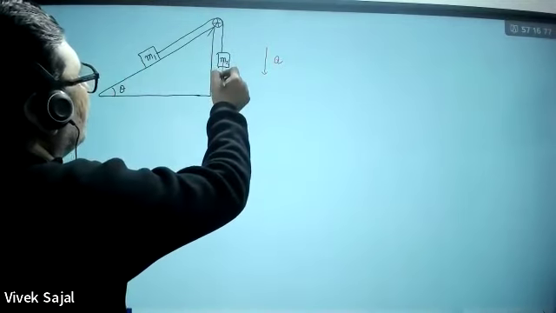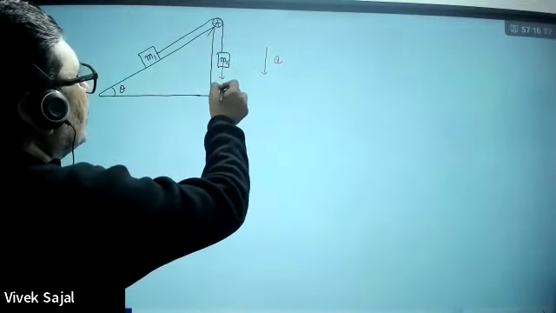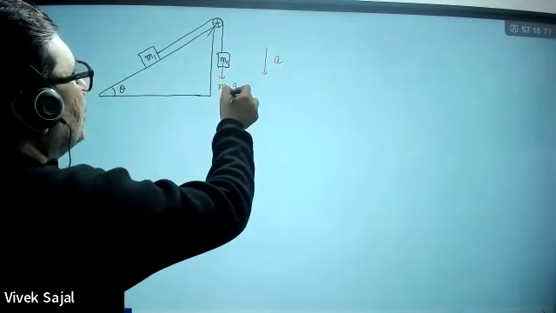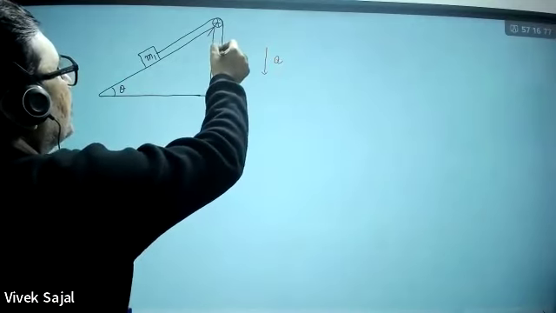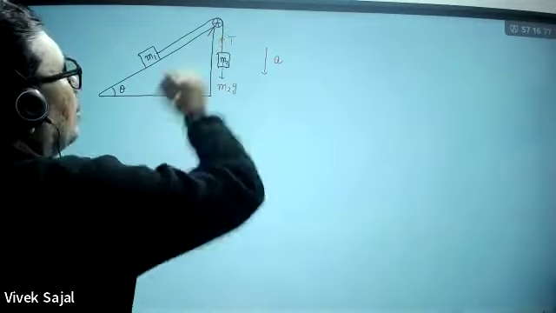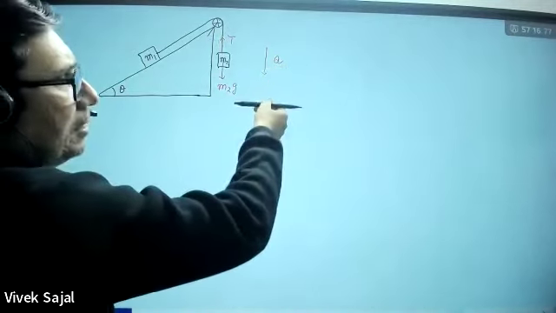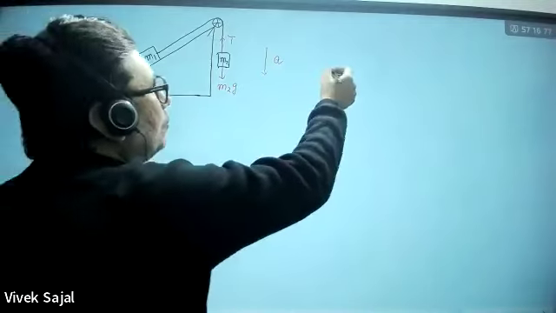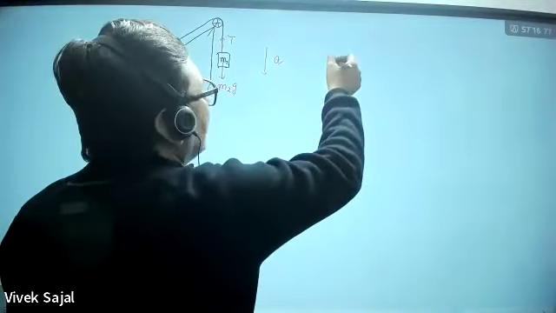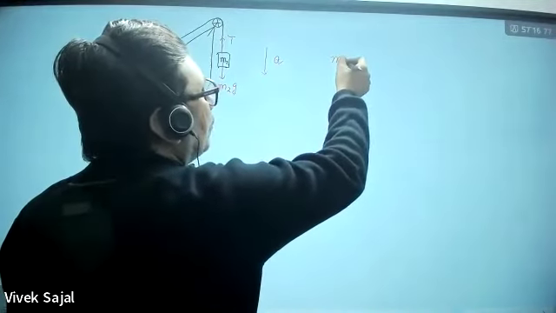So weight of it is acting in the downward direction. That will be M2g. A tension force T is acting in the upward direction. So acceleration, because I am assuming in the downward direction, my equation will be: acceleration is caused in the block of mass M2.